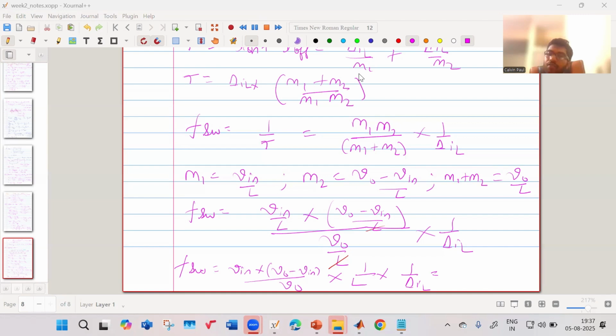Yeah. So it comes out to be 606.06 kilohertz. Okay, you can do the calculations.